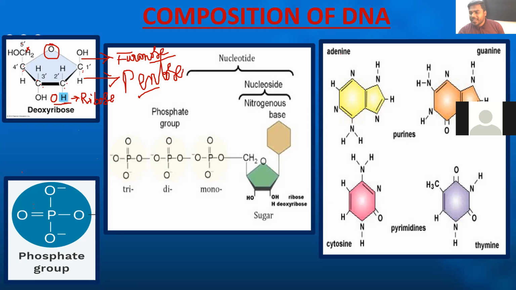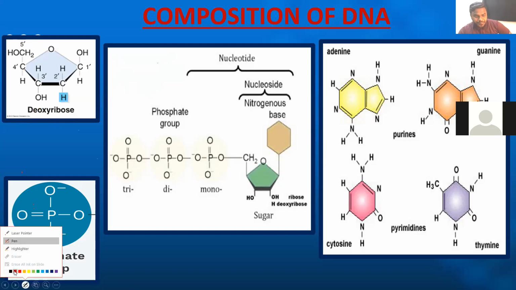But if you look into the DNA, my friends, we will be calling DNA deoxyribonucleic acid. What's the reason? The simple reason behind that, my friends, all of you understand. D means no oxygen, only hydrogen is present. That's why we call it deoxyribose sugar. That's a simple point.